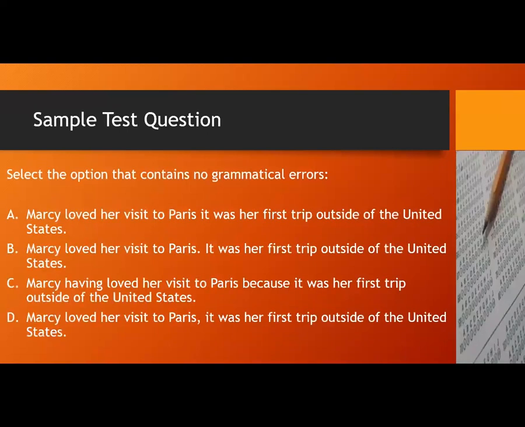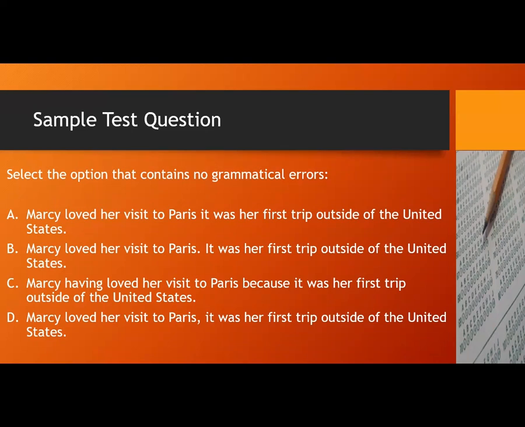Now on to the next question. Select the option that is grammatically correct. Again, you might want to pause the video so that you have time to carefully examine each option and select an answer. Okay, like before, let's examine each option. Option A has two independent clauses.